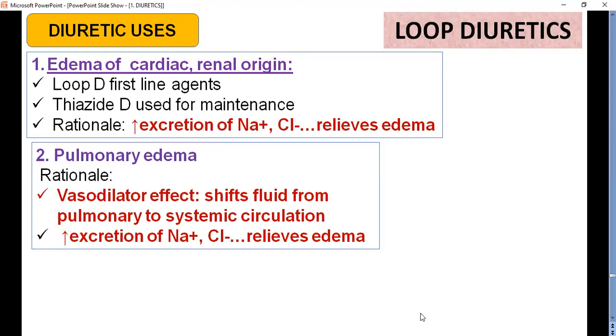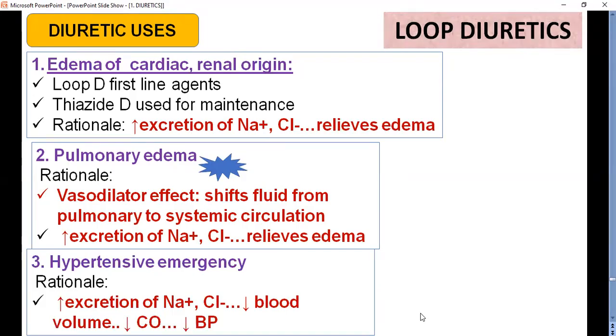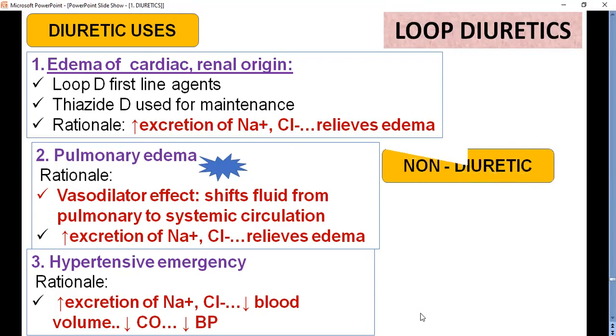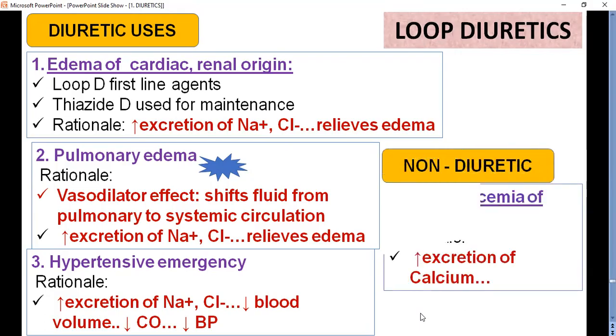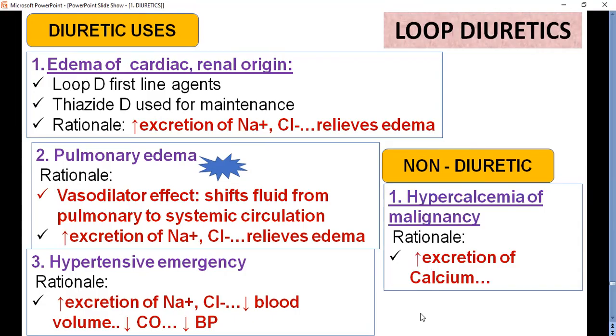It is also used for the treatment of pulmonary edema and also in case of hypertensive emergency. Non-diuretic uses are hypercalcemia of malignancy because it increases the excretion of calcium. Thank you.